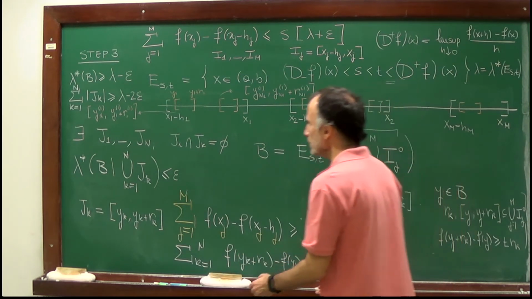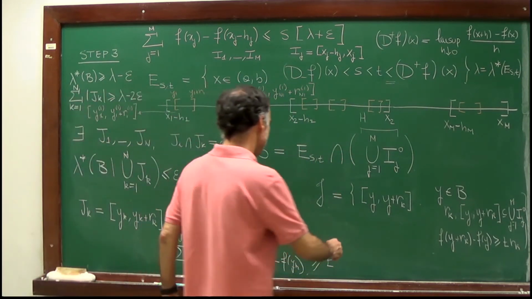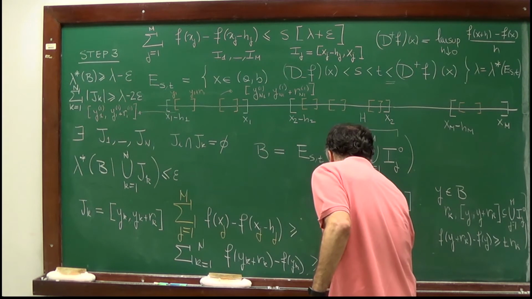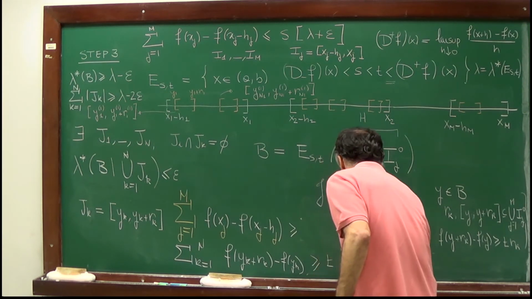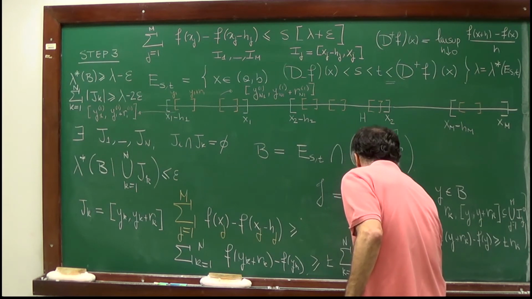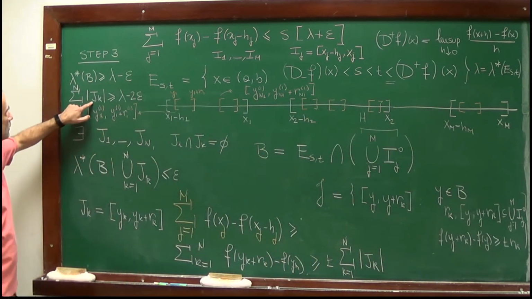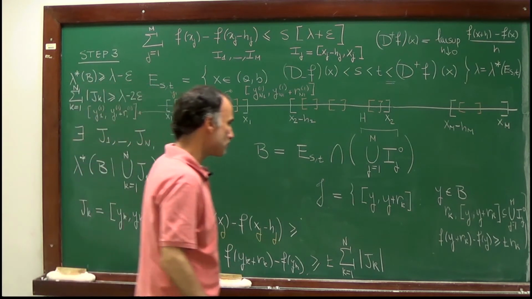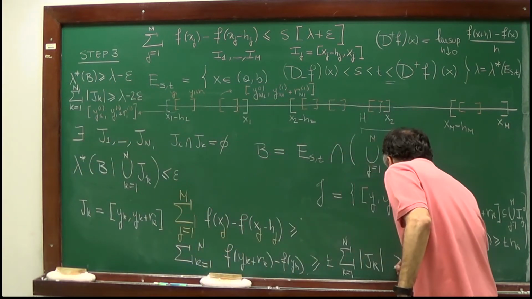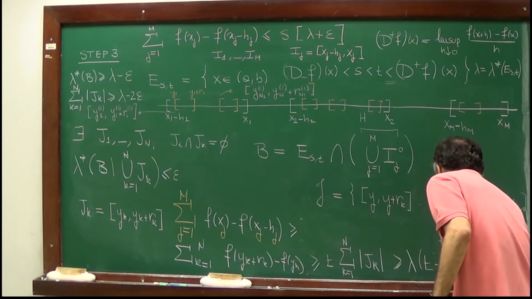But what is rk? rk is just the length of jk, right? And we proved that the total length of these intervals is bounded below by lambda minus 2 epsilon, so that this is bounded below by t times lambda minus 2 epsilon.